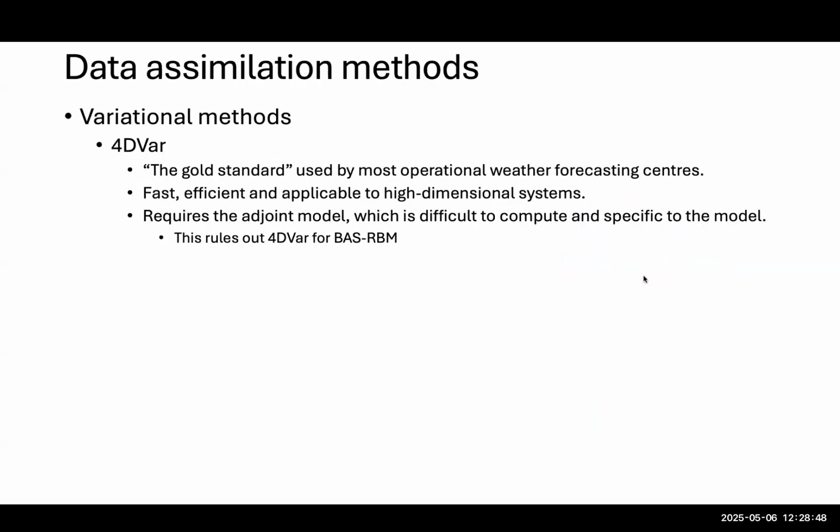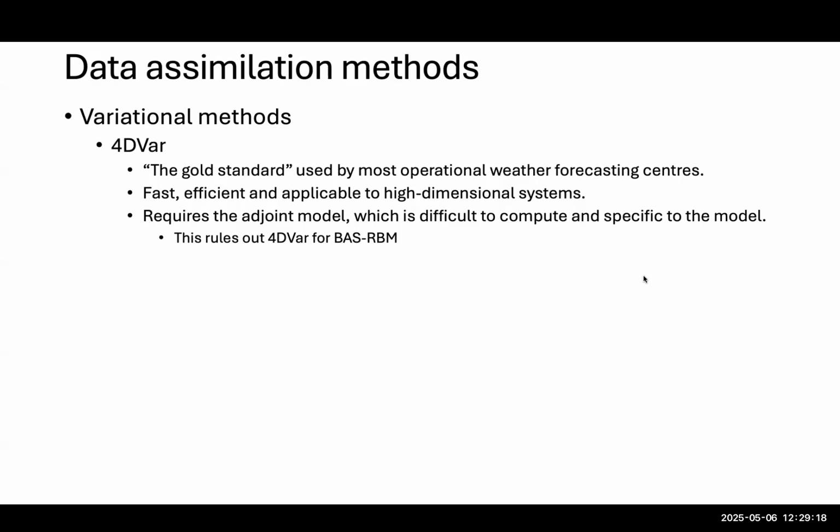The main variational method is 4D-VAR, the so-called gold standard that's used in operational weather forecasting, primarily because it's fast and efficient, even for high-dimensional systems. However, to get this fast, efficient method, we need to generate an adjoint model.